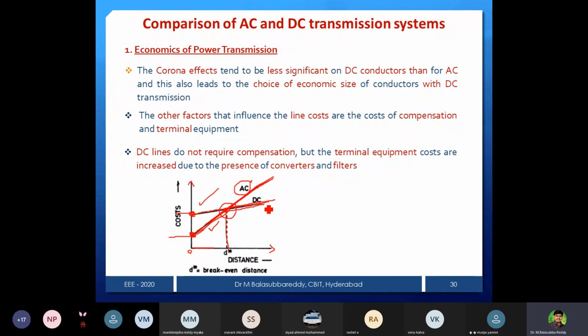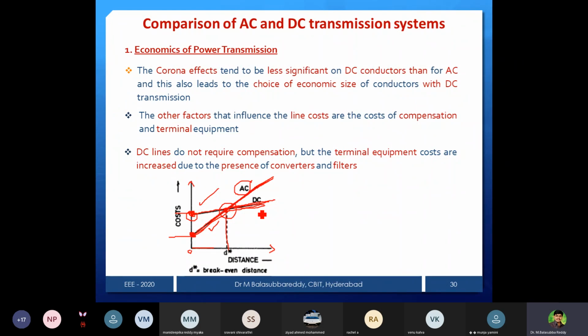That shows that by increasing the distance, the cost is going to be minimized for DC, because many loss parameters and aspects are absent in DC, like what we discussed: the corona, skin effect and tower requirement and area.